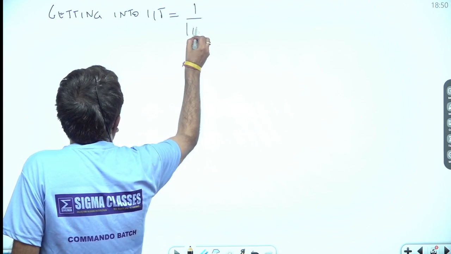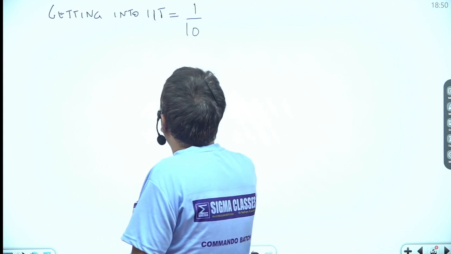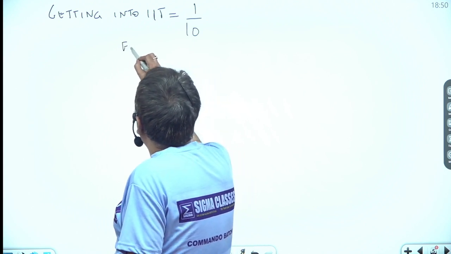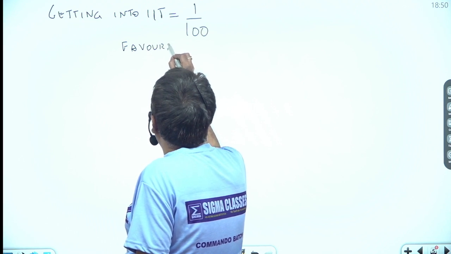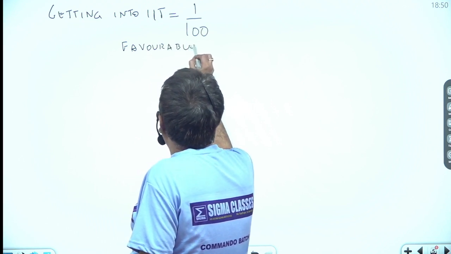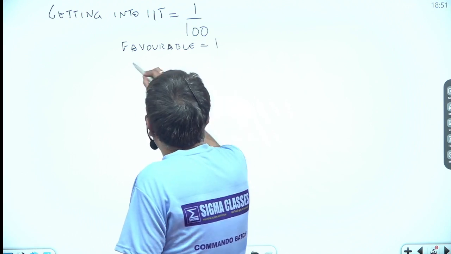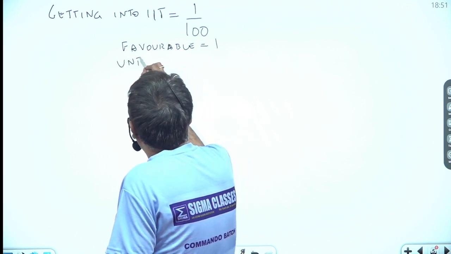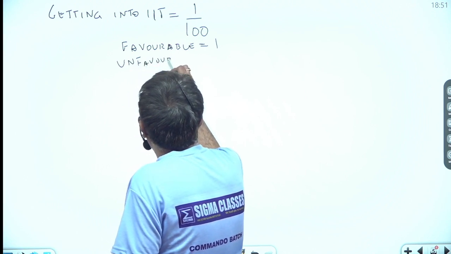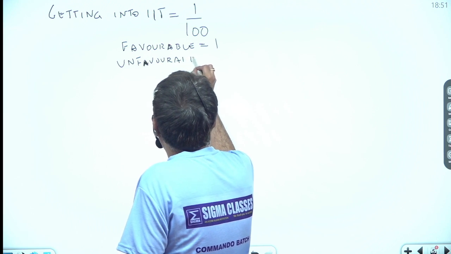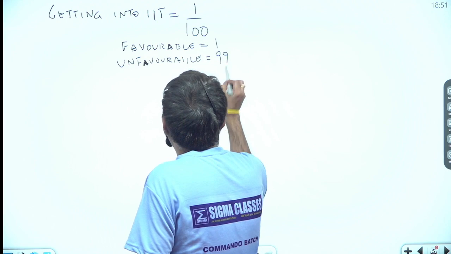If this is 1 by 100, that means the favorable chances are 1 and unfavorable are 99.